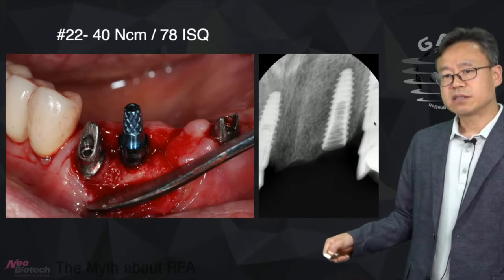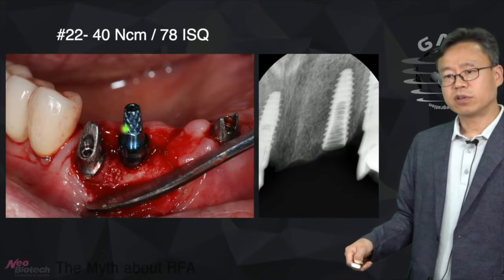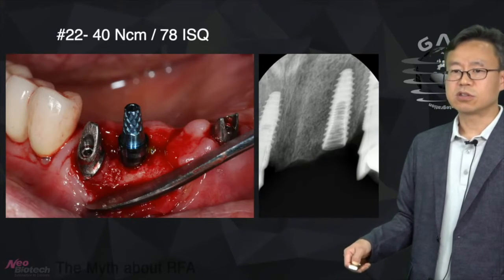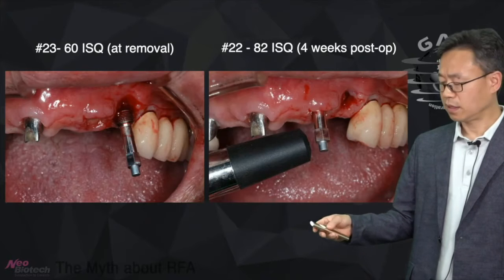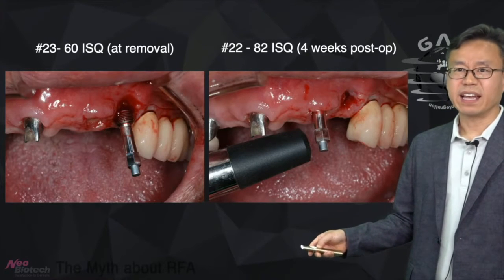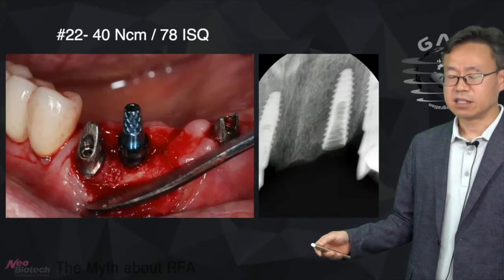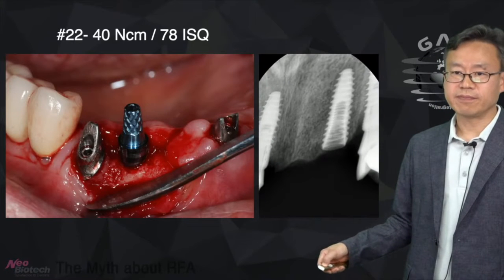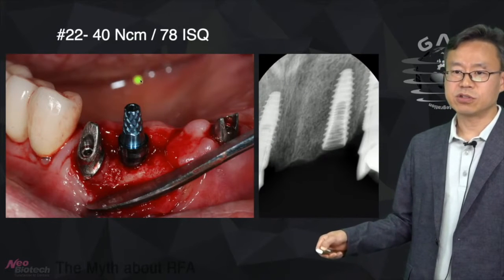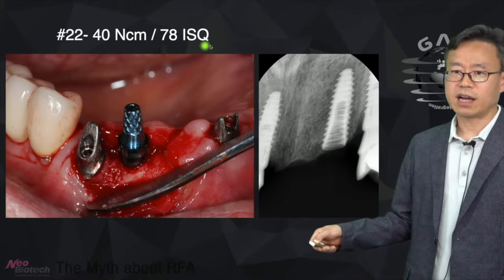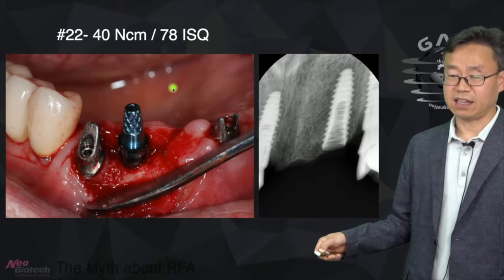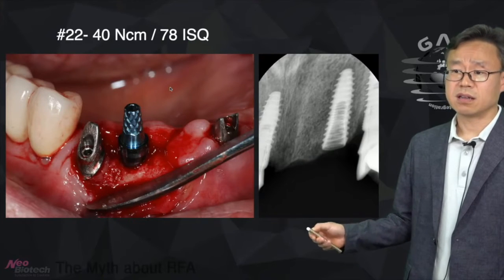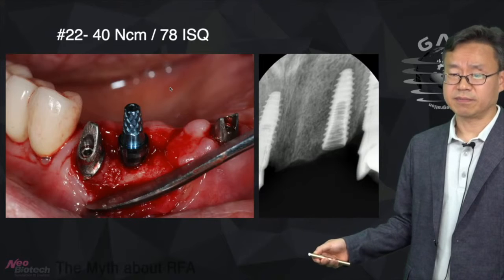When I placed the implant for number 22, the insertion torque was 40. Let me go back. The insertion torque was 40, and I measured the stability with ISQ. It was 78, which was absolutely high.